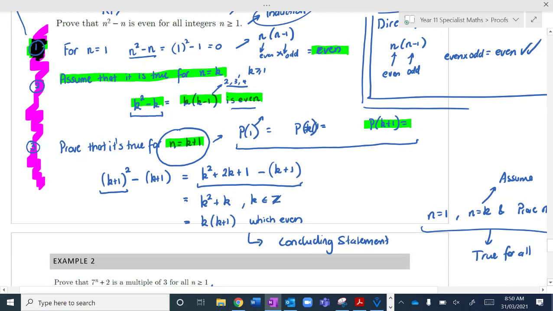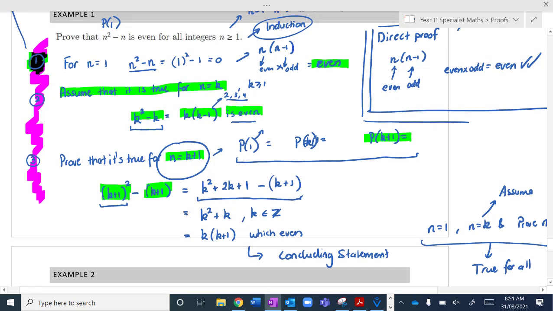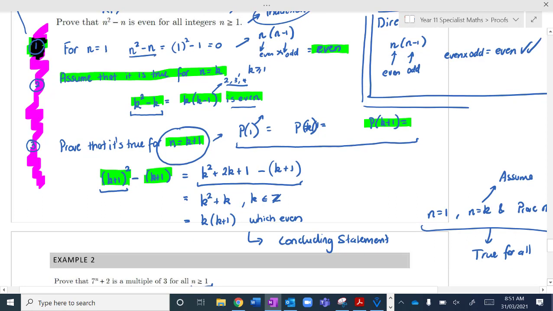Let's have a look. What we do is we sub in k plus 1 for n. So instead of n squared, it's k plus 1 all squared. Minus n is now minus k plus 1. Now notice that when I simplify this, we actually have shown this one.